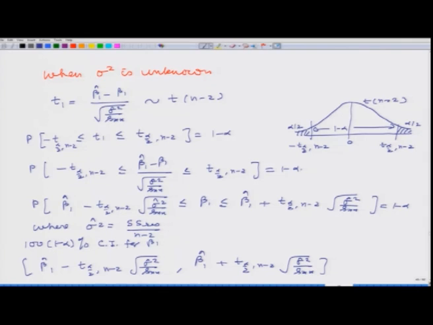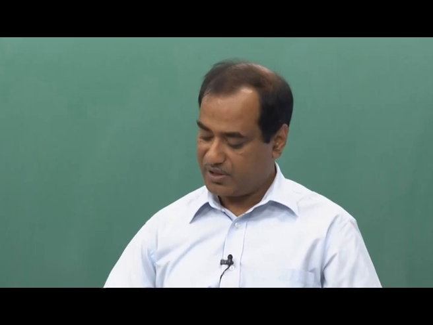So, here again you can see that this value of beta 1 hat can be obtained from the given set of data, and this sigma square hat can be obtained from the data, Sxx can be obtained from the data, and this t alpha by 2, n minus 2 is the alpha by 2 percent point on the t distribution, and its value can be obtained from the t table. So, this interval can be obtained on the basis of the given set of data.